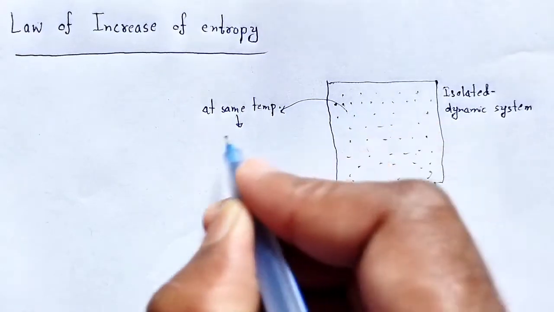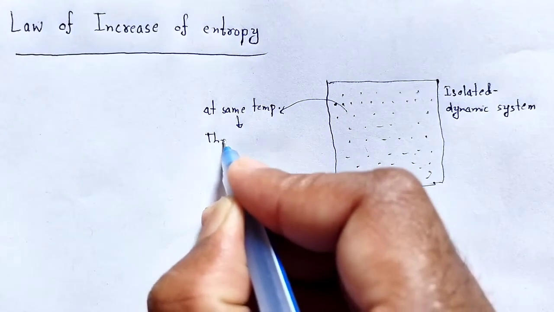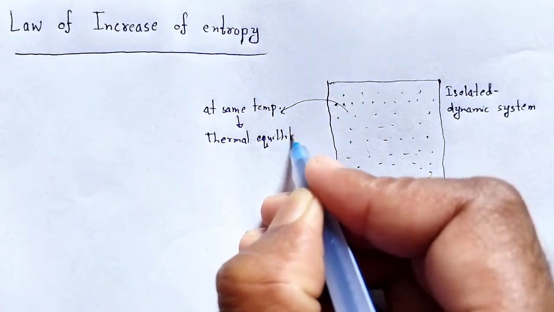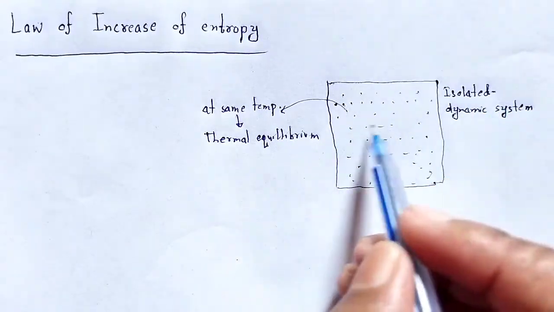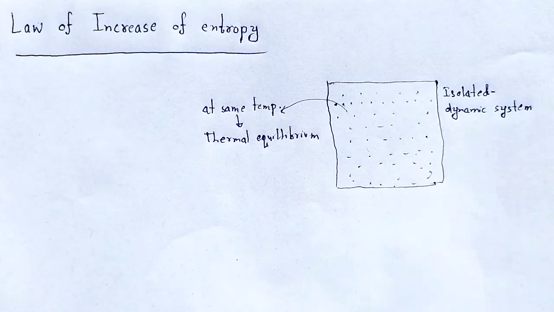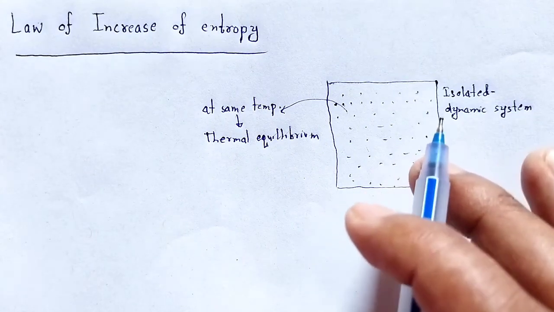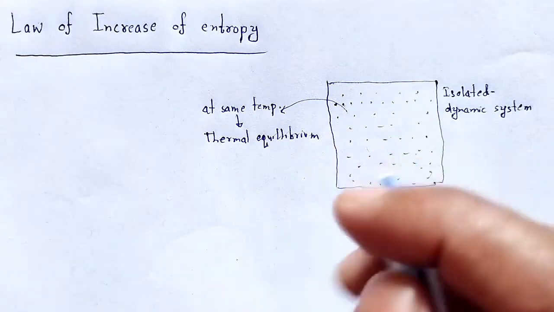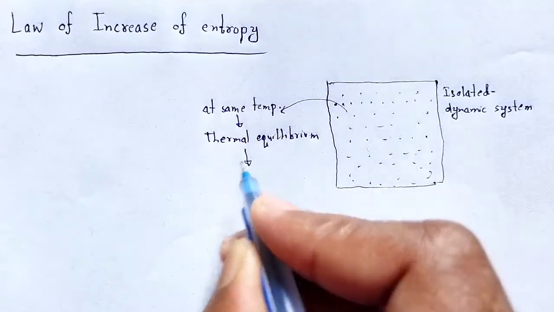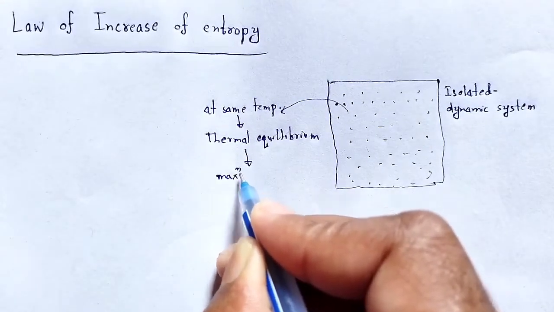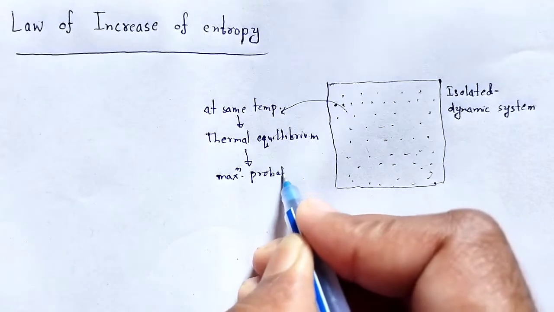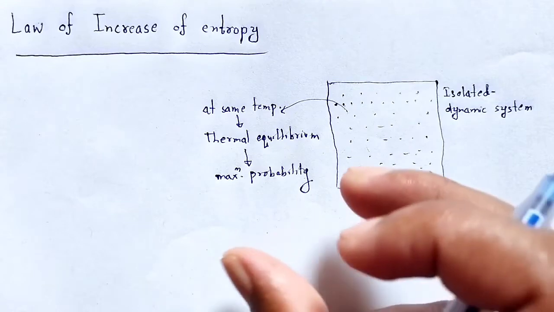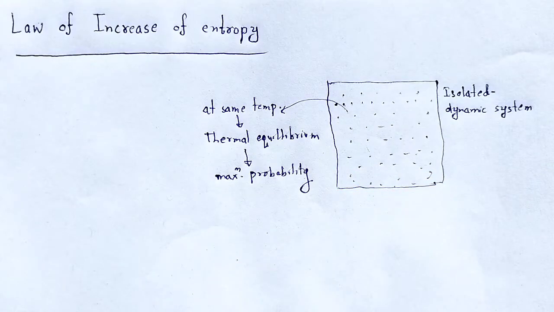It means all the particles have the same temperature. In this state, the system will be in the state of maximum probability. At thermal equilibrium, the system achieves maximum probability, that is, it is in the most probable state.